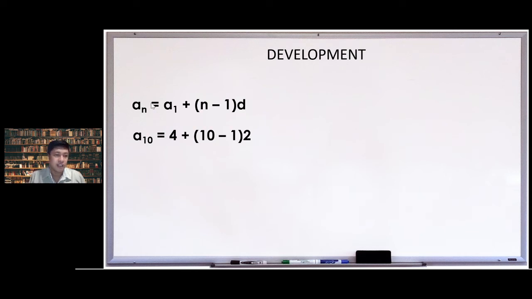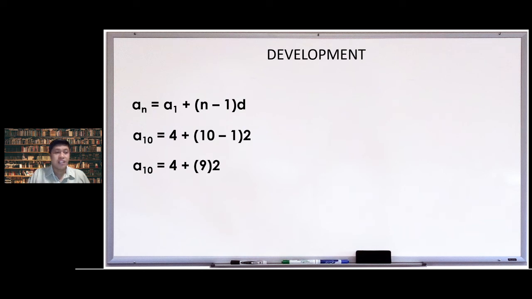So a sub n now becomes a sub 10 equals, the first term is 4 plus, n is 10, so that is 10 minus 1 times the common difference of 2.